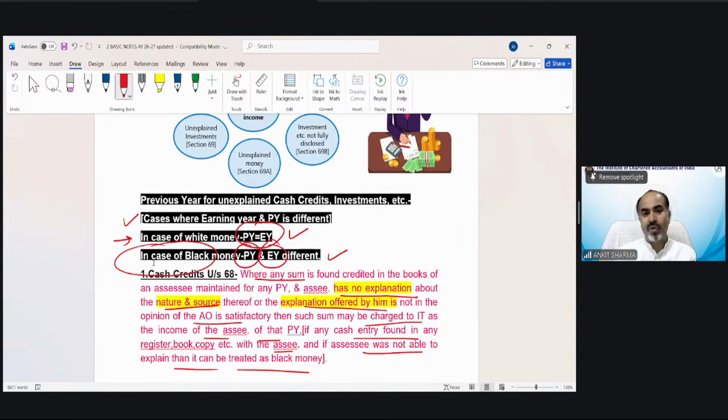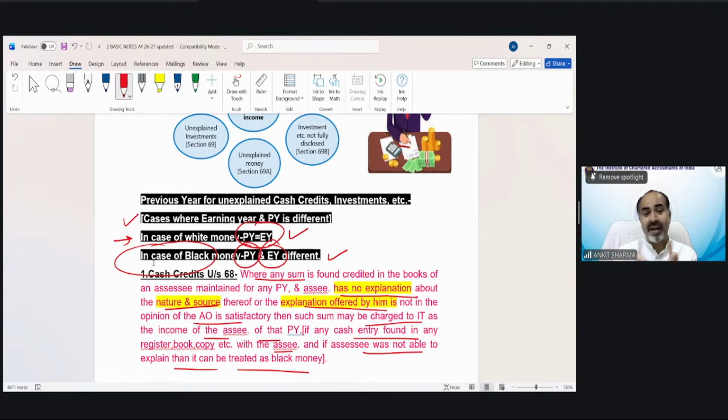You have written down that in that particular year, you received 20 lakh rupees from someone. The department finds that entry, just an entry in your books of accounts. And on that 20 lakh rupees, you have not paid tax. You have not shown that 20 lakh rupees in your income tax return. So that 20 lakh rupees entry alone could be treated as your income.